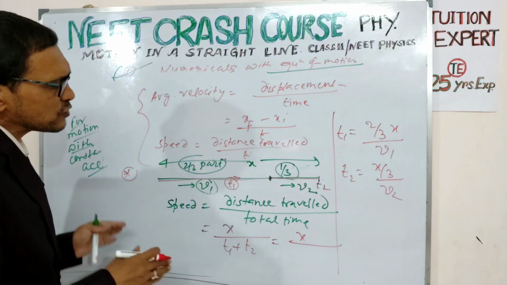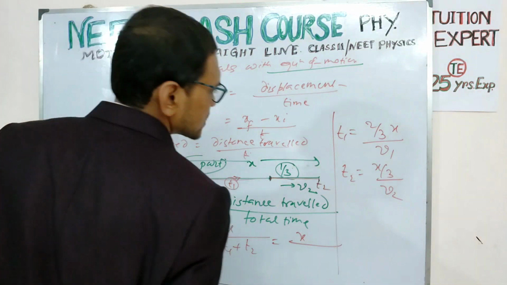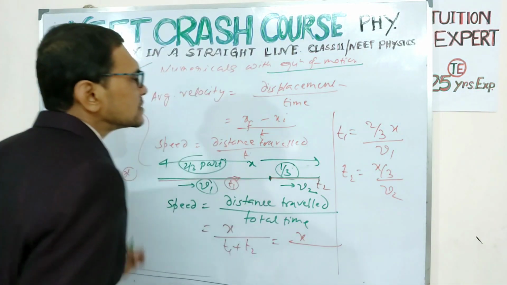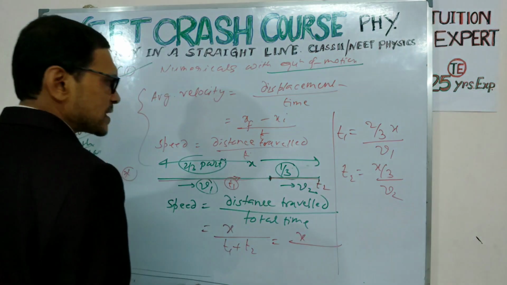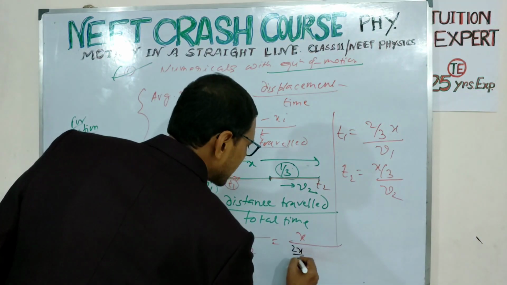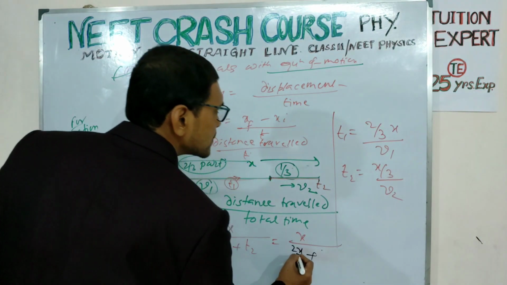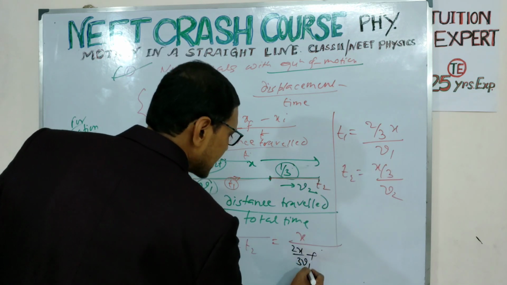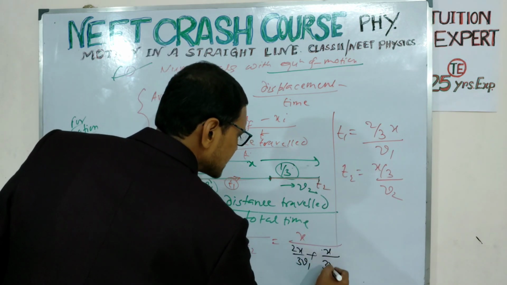In motion in a straight line, velocity and speed will be the same, so I can use the word speed or velocity. So t1 plus t2 equals 2x by 3 v1 plus x by 3 v2.